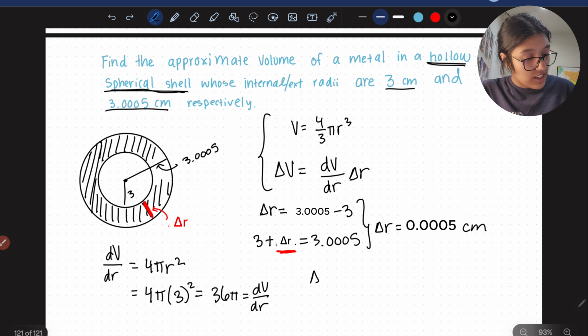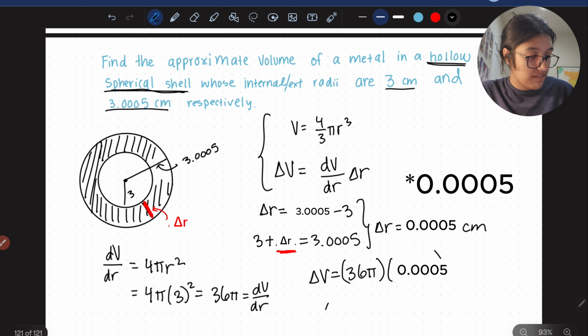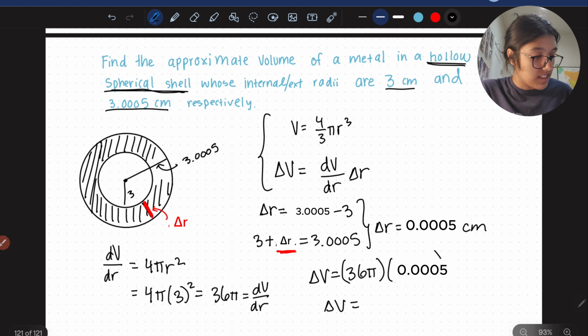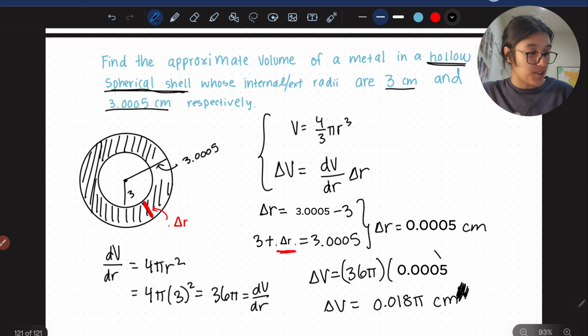So delta V, and I'm going to replace dV over dr by the 36 pi we found, and replace delta r with 0.0005. Therefore, delta V is equal to 0.018 pi centimeters cubed, because we're talking about volume. That is the change in volume.